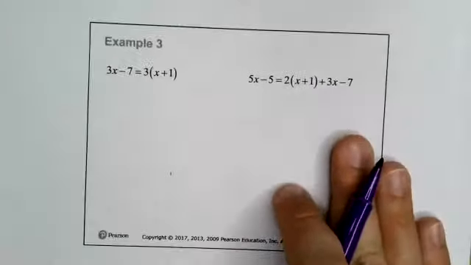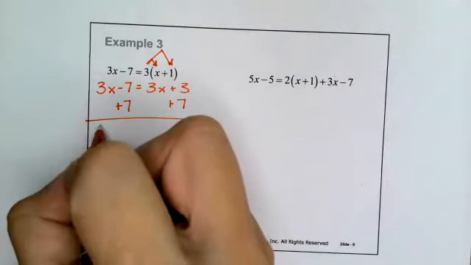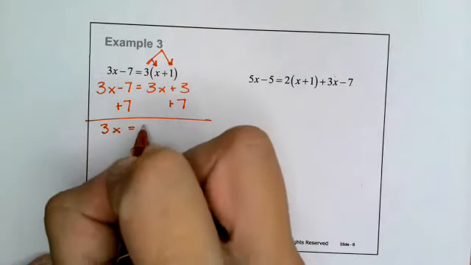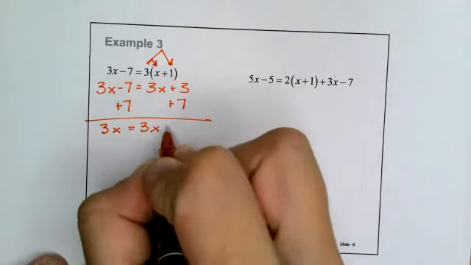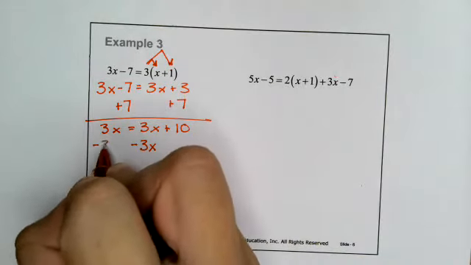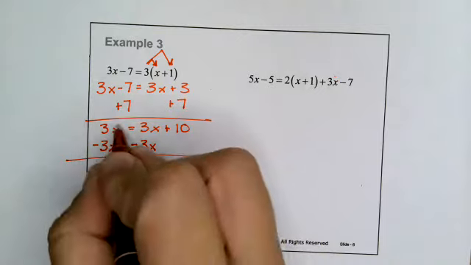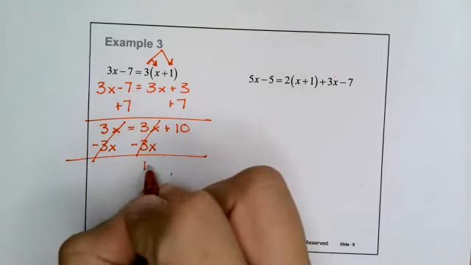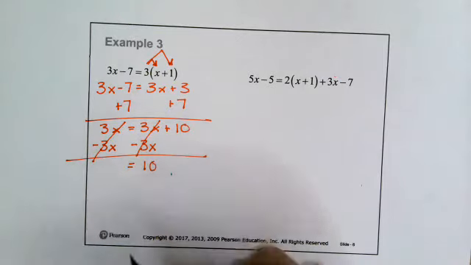Okay, let's add 7 to both sides. 3x is 3x plus 10. Yeah, let's move the 3x over. Ten is, oh, there's nothing over here.